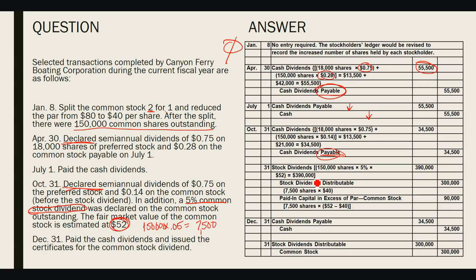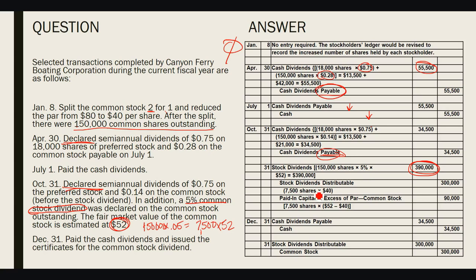For the stock dividends that we promised to issue, we come up with the 7,500 shares that we're issuing times the market value, which is $52, and that comes up to $390,000 worth of stock that will be issued as stock dividends.